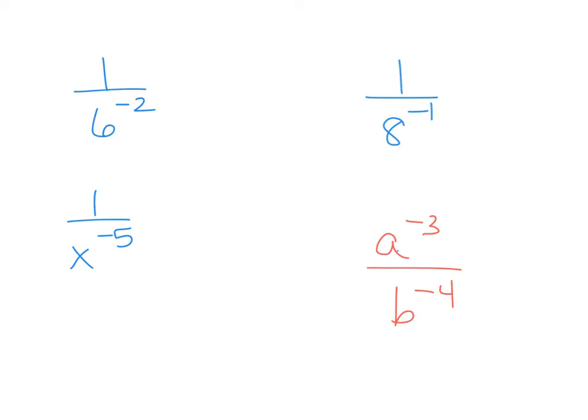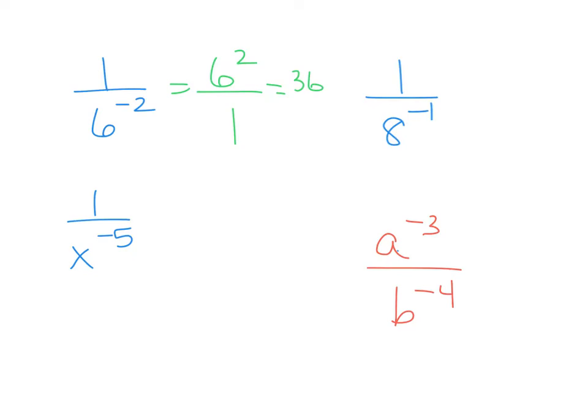Again, it means reciprocal. So if it's 1 over 6 to the negative second, I'm going to literally flip over the fraction and make it 6 squared over 1. Once I do the reciprocal, the negative exponent is totally gone. And then 6 squared is just 36.